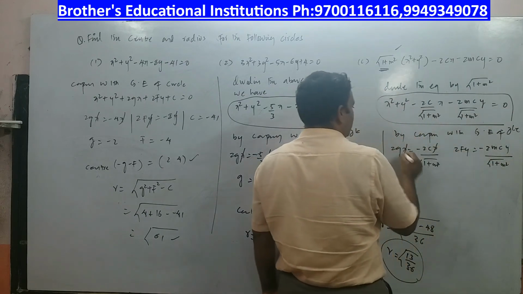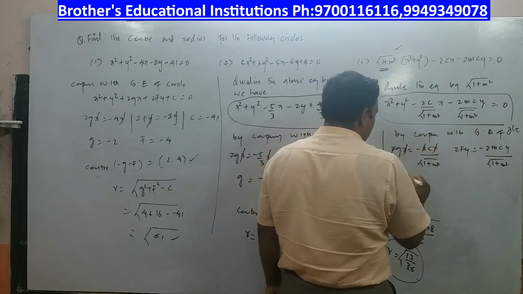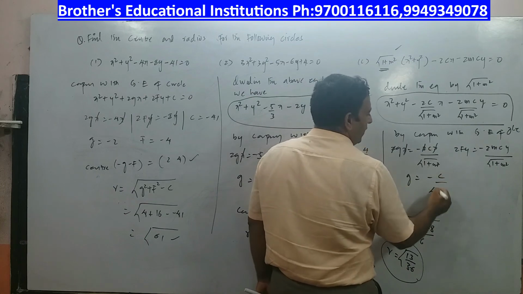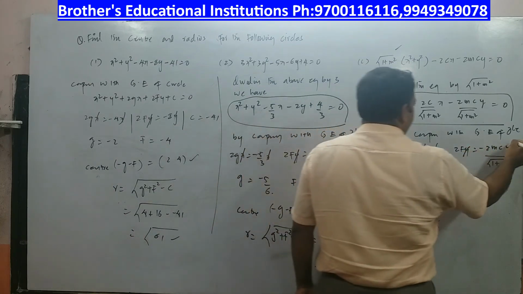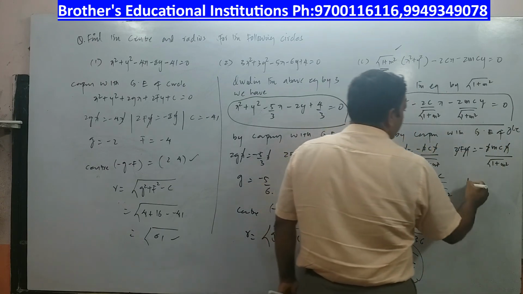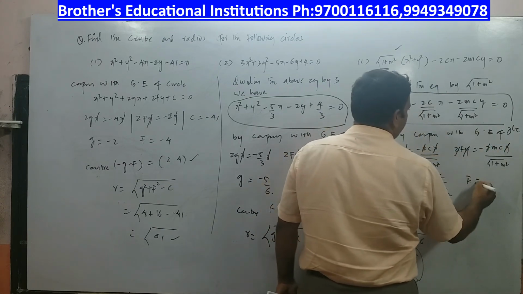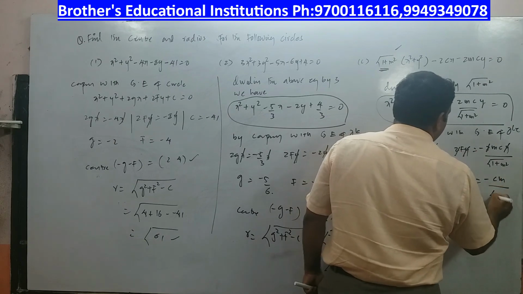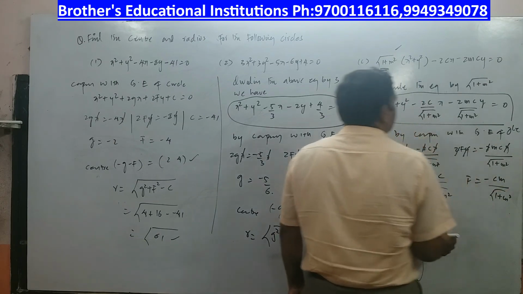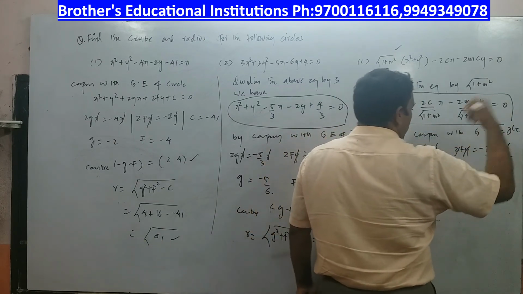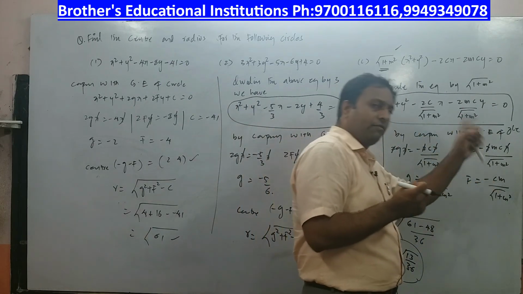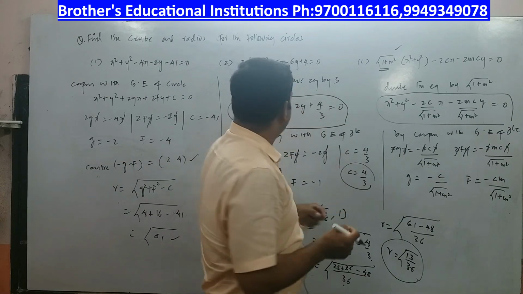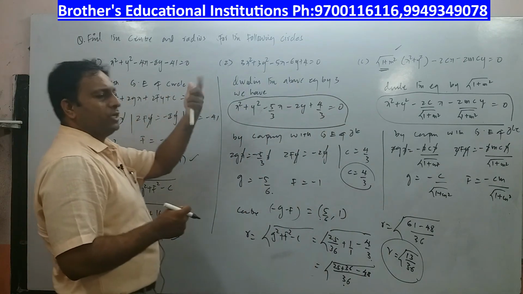Now x cancel, 2 cancel, you are left with g is equal to minus c by root 1 plus m square. Similarly, y cancel, 2 cancel, f is equal to minus cm by under root 1 plus m square. And children, there is no constant. So the formula c is equal to 0. Don't get carried away with this c and the formula c. The constant which belongs to the standard form, this constant is not there. So that value is 0.